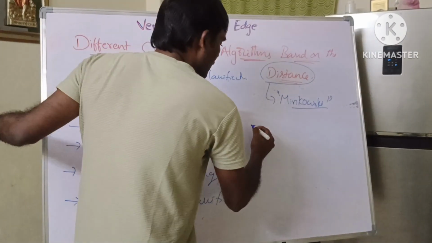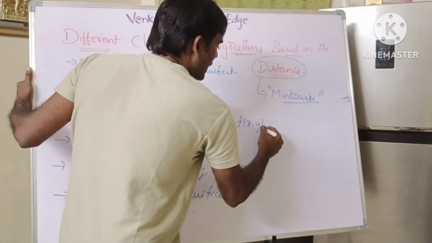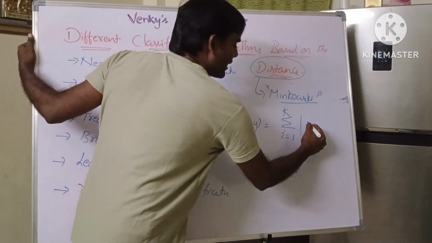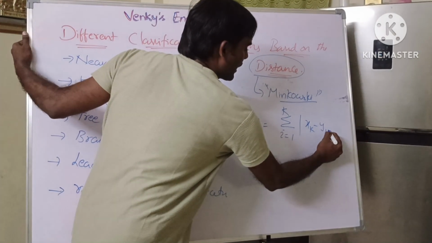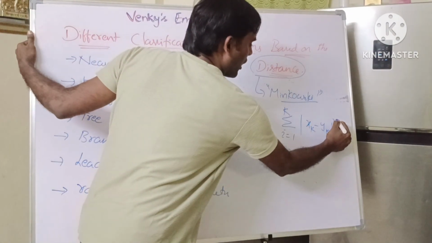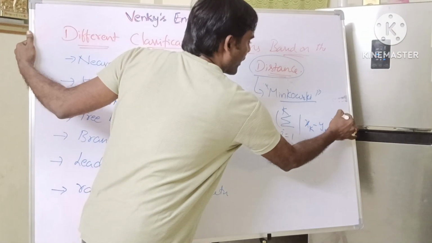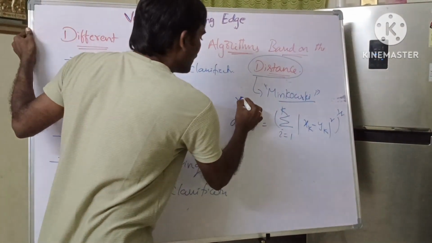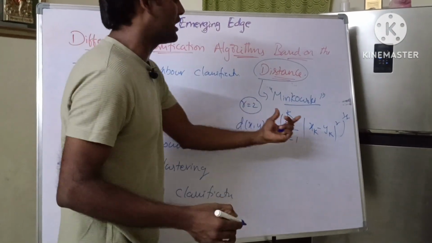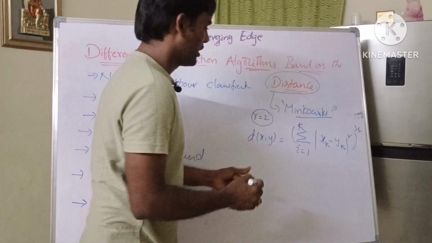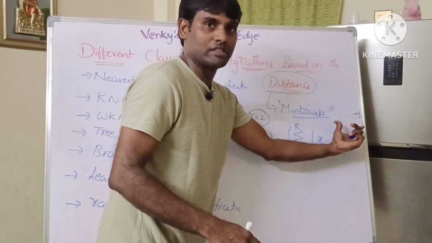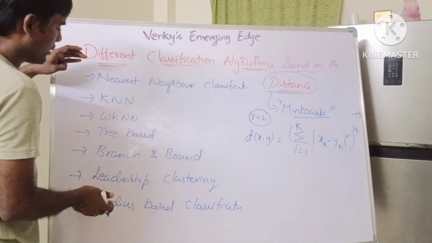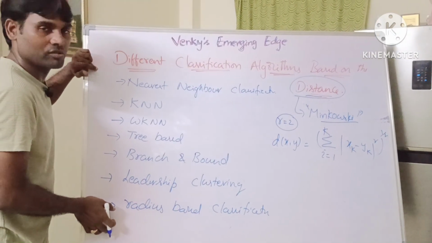What is the formula? d of x comma y equals sigma of i equal to 1 to k, (xk minus yk) whole power 1 by r. That means this is Minkowski. So we are following r equal to 2, then it is called Euclidean distance. So we are applying r equal to 2, then find the distance, then only we go for the classification algorithms. Is it clear?